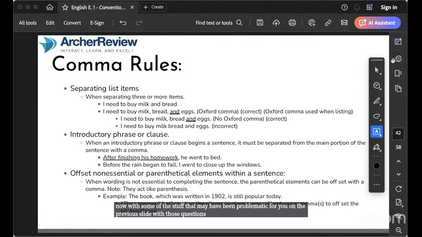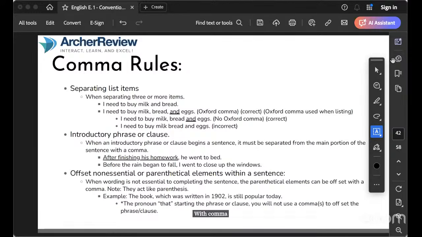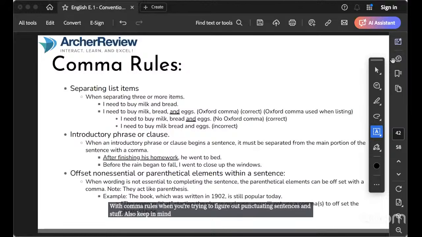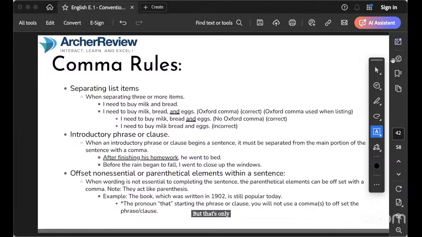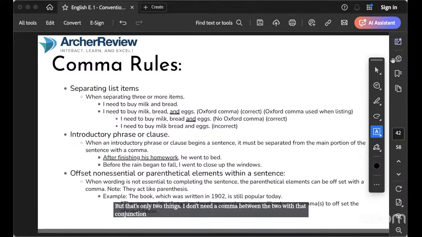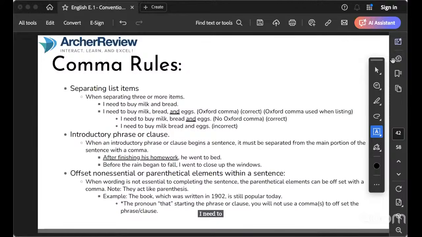So with comma rules, when you're trying to figure out punctuating sentences, also keep in mind when you're separating list items. When you're listing items in a sentence, like I need to buy milk and bread, that's only two things. I don't need a comma between the two with that conjunction. But if you list 3 or more items, you need to start putting commas. I need to buy milk, comma, bread, comma, and eggs.